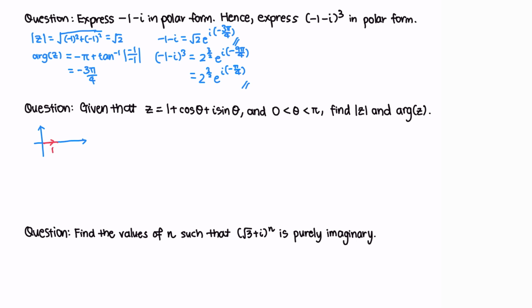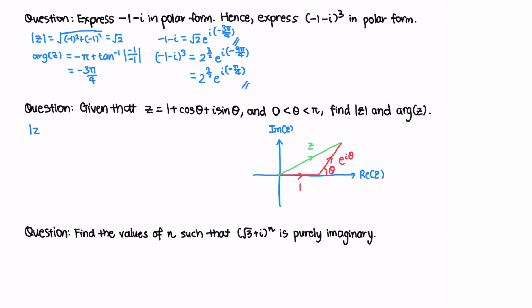So I have 1 plus cos theta plus i sin theta, which I can write just as e to the power of i theta. And this over here is theta. Let me draw this a little bit bigger over here. When we add 2 vectors, this is what z is. Let's first find mod of z.